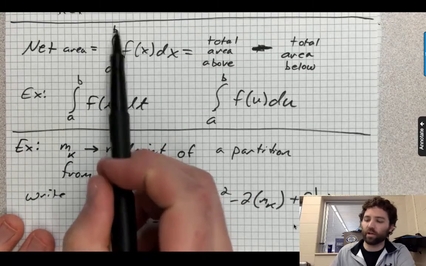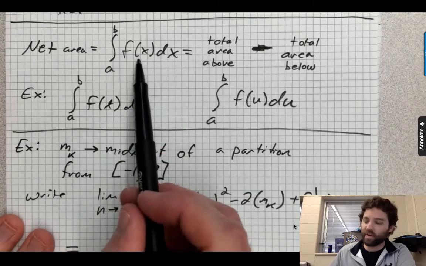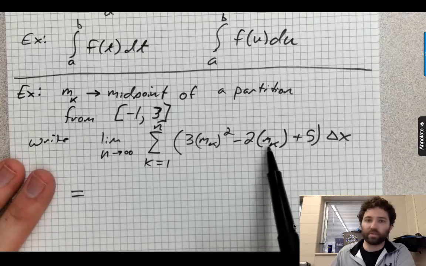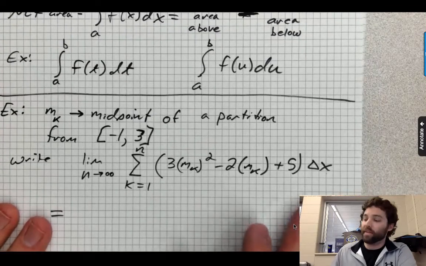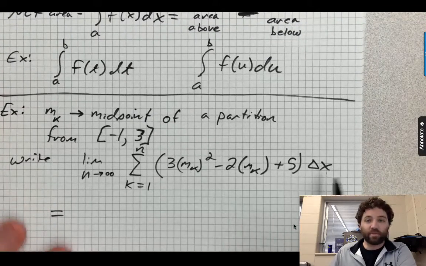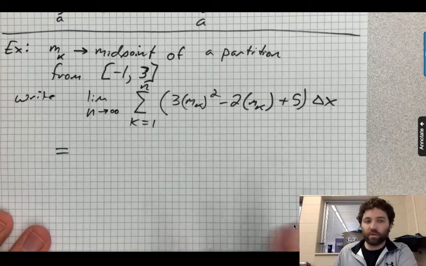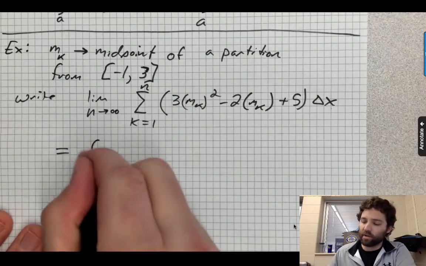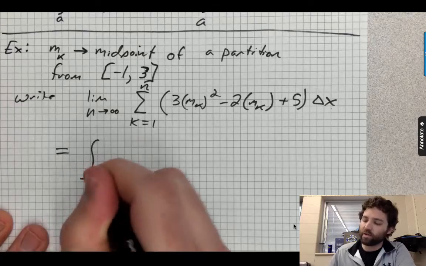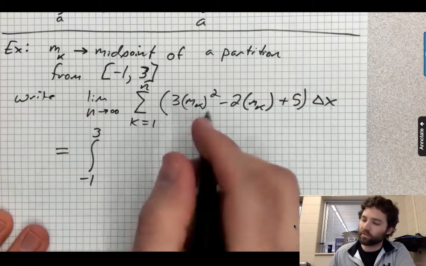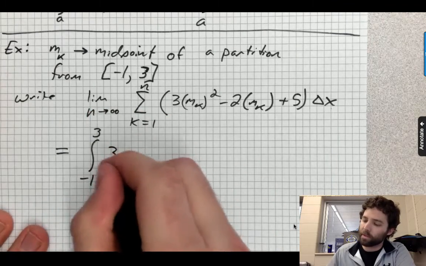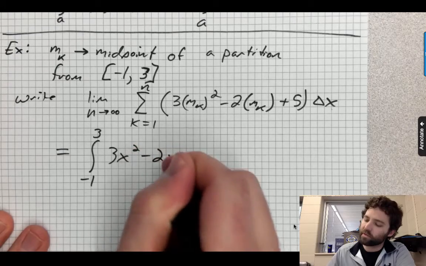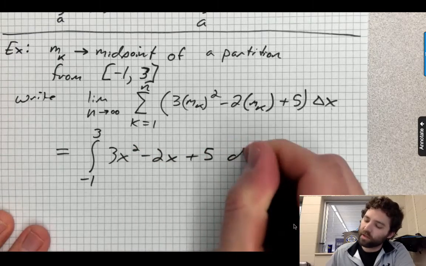So a is -1, b is 3. F of x is going to be 3x squared minus 2x plus 5. And the delta x becomes dx, right? Because as delta x approaches 0, it becomes dx. So we can write our definite integral then as -1 to 3 of 3x squared minus 2x plus 5 dx.